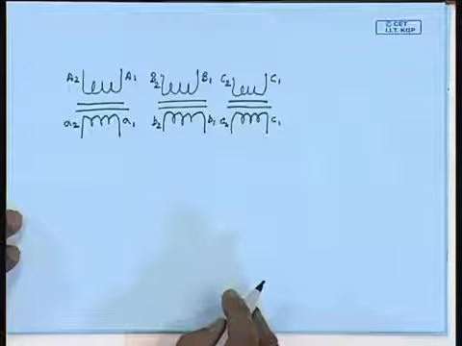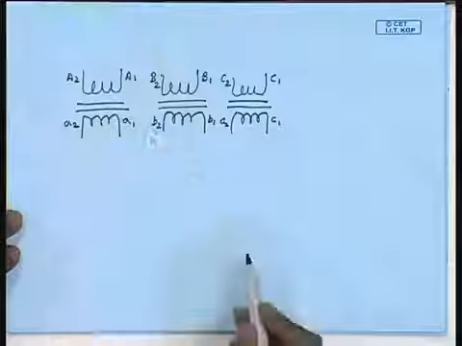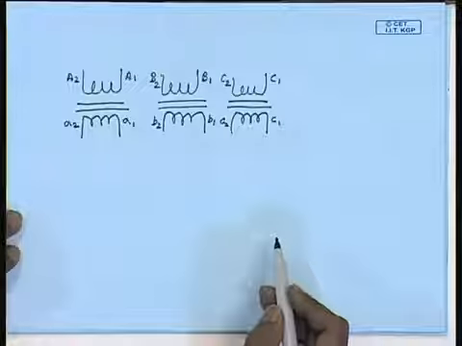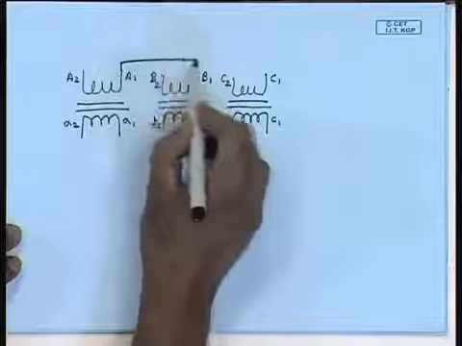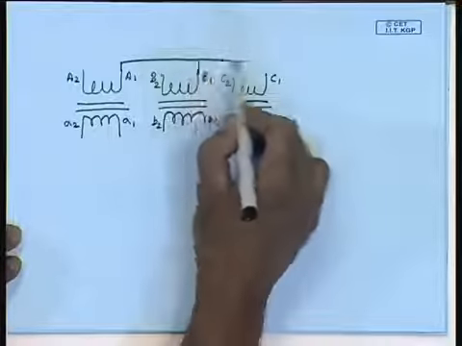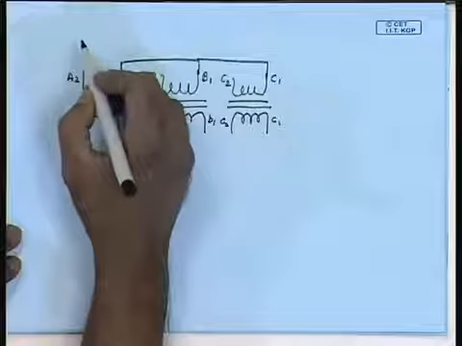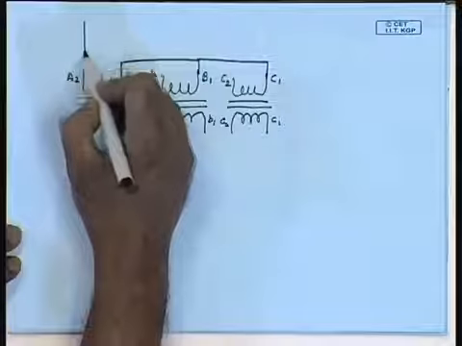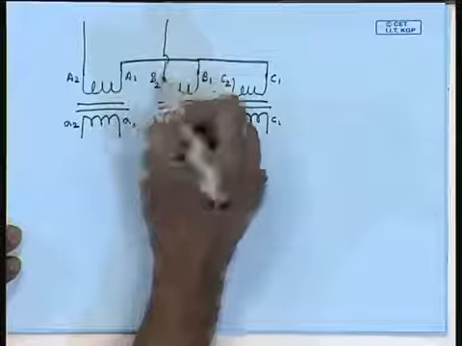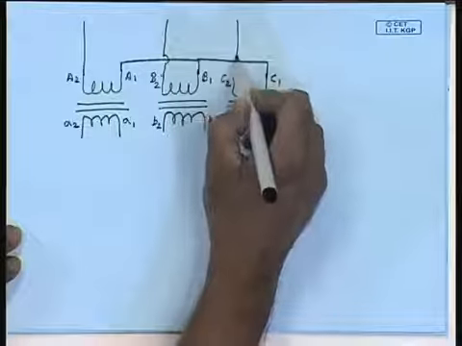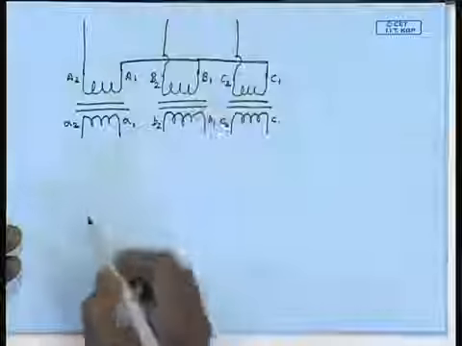Now, there are different types of connections possible with these 12 terminals. For example, the input side can be star connected by connecting the terminals with suffix 1 and supplying power to the rest of the terminals.